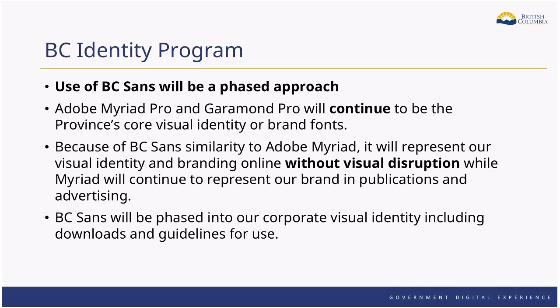Myriad will continue to represent our brand on print publications and advertising, but because of BC Sans' similarity and compatibility with Adobe Myriad, it will continue to support our visual identity and branding online without much disruption. BC Sans will be phased into our corporate visual identity as well.